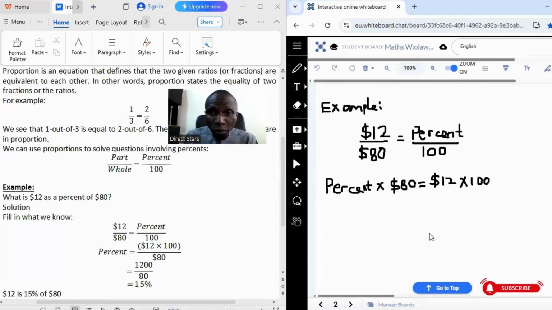So from here, we're going to divide both sides by $80. So we're going to have percent to be equal to $12 multiplied by 100. We're going to have this to be $1,200. Then divide by $80.